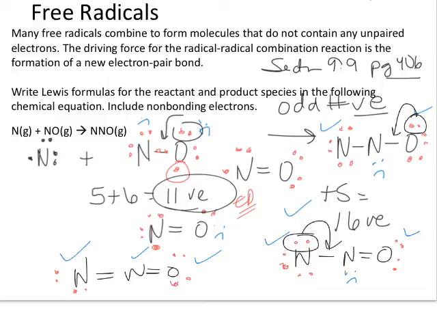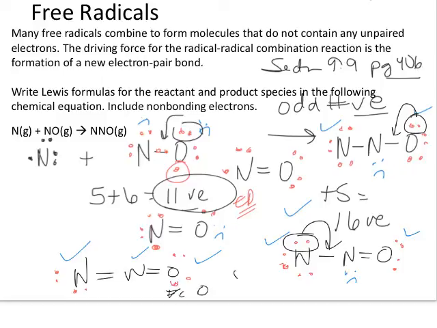This problem does not ask for formal charges, so we won't worry about it. You could calculate the formal charge if you wanted to. Just for kicks, you should get a formal charge for the oxygen of 0.